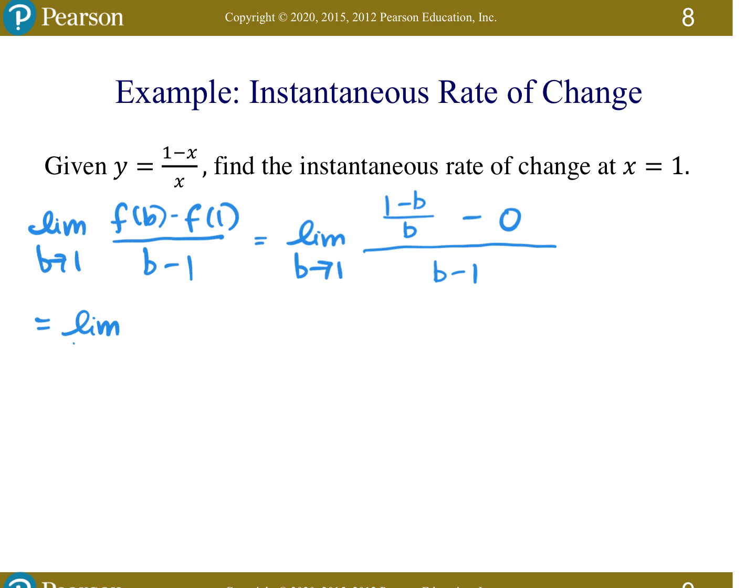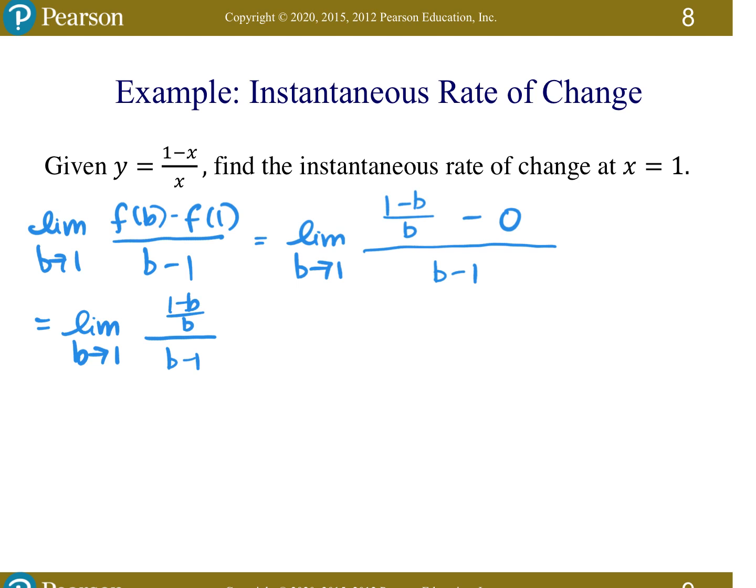All right, so then we have b approaching 1, and the numerator is 1 minus b over b, and the denominator is b minus 1. Remember, it gets really awkward in algebra when you have a fraction within a fraction. So what's the way we want to get around that?